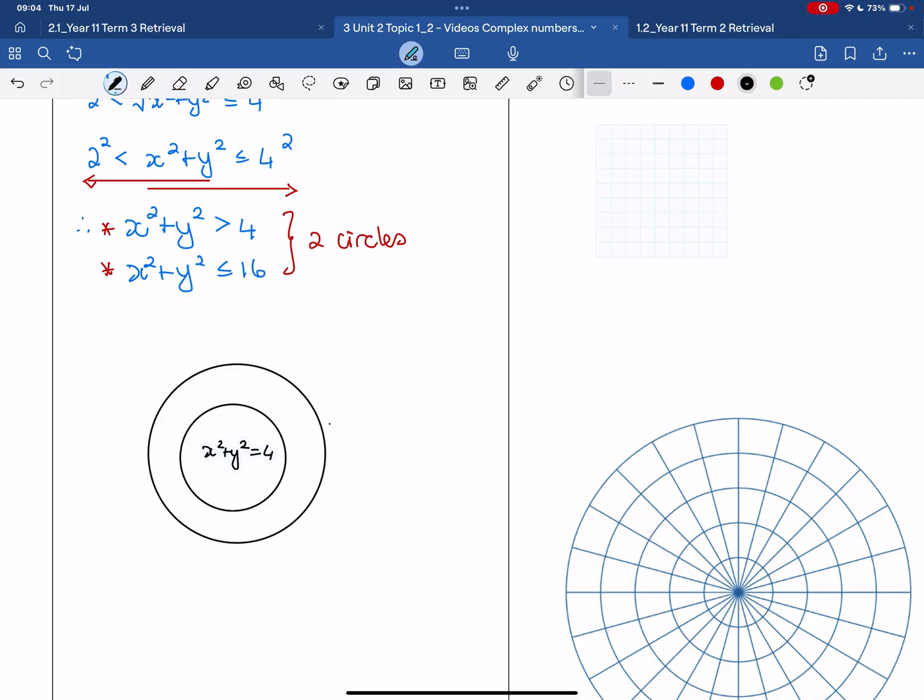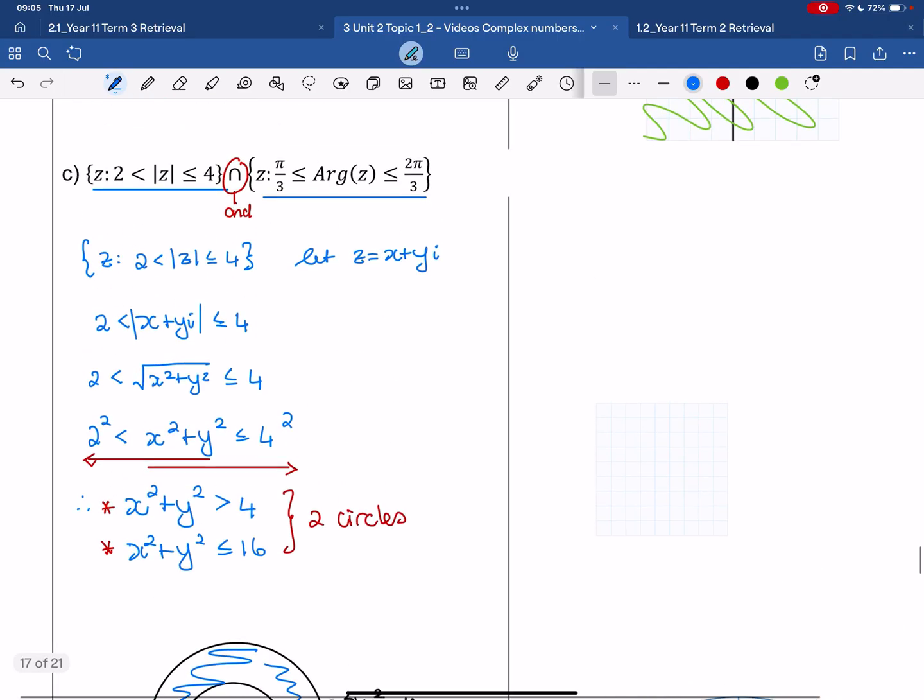And this circle here is my x squared plus y squared equals 16. My region that's greater than 4 and less than 16 happens to be this region in between. Okay, because it's greater than 4, I should have drawn the inside circle with a dotted line, but we'll get to that when we actually do our final thing.